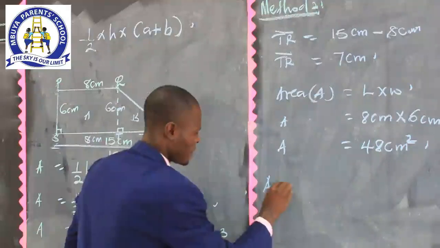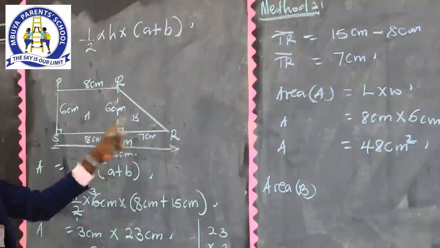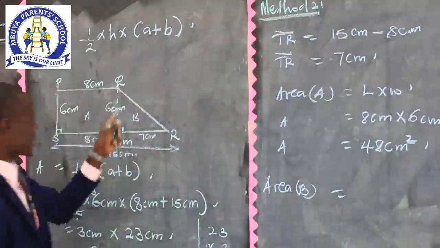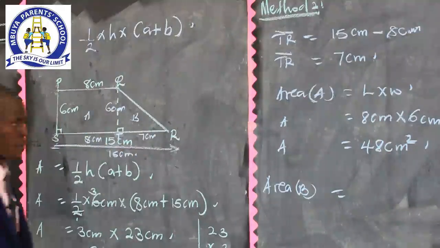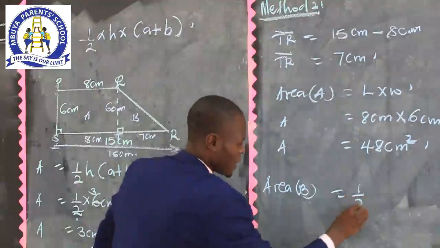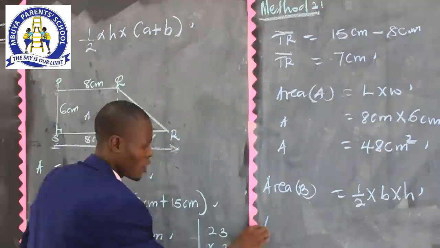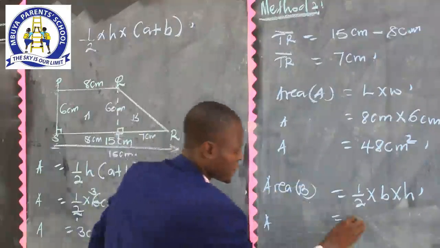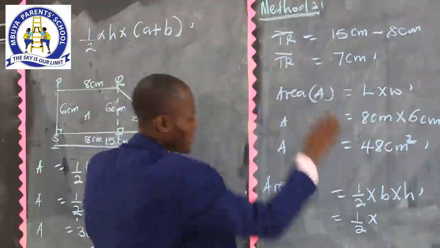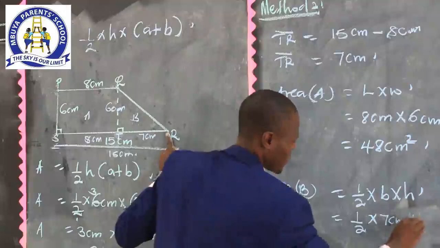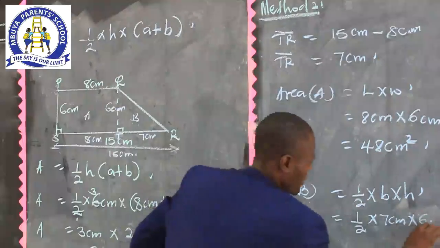So area of now B, this one here. Now look, figure B is a triangle. We know the area of a triangle is a half times base times height. Hope you're with me. A half times the base, which we've gotten, which is our TR, 7 centimeters, class, times the height, which is 6 centimeters.